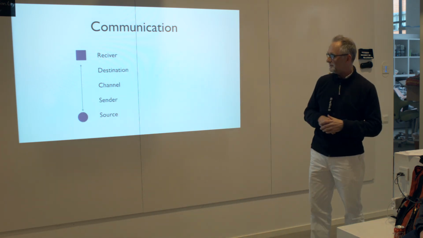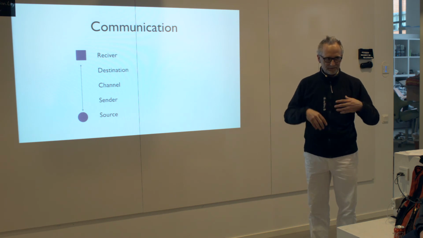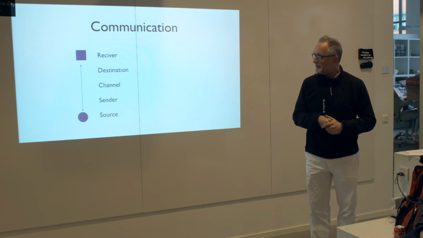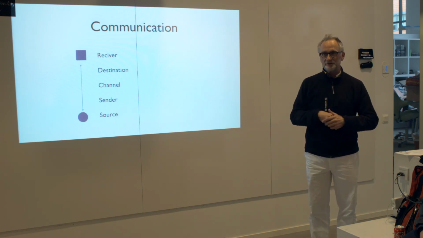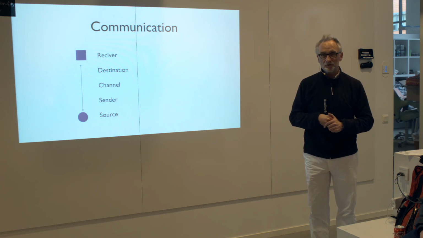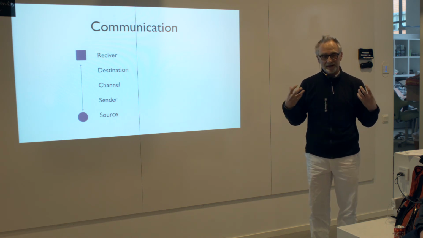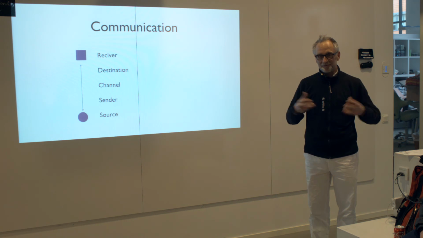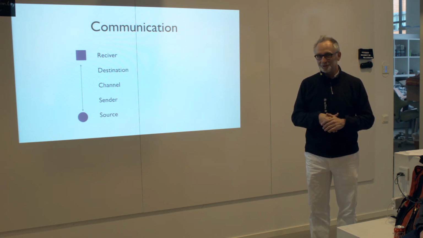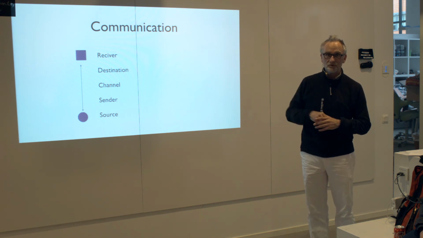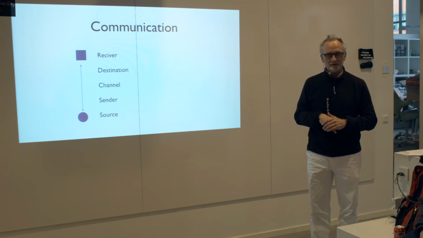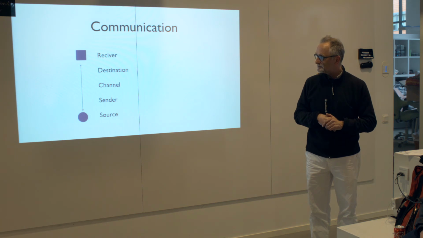And on the way you have different channels, you have a destination, and you must interpret what you're saying. It's very difficult to get it right. So I think here we also have to learn much more about how to communicate effectively.